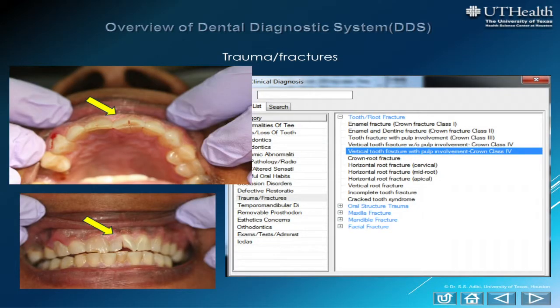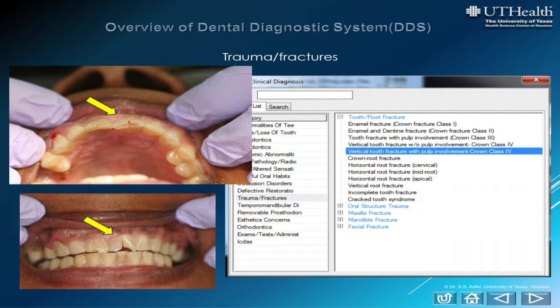The trauma and fracture category consists of tooth root fracture or structure trauma, fracture of the maxilla, fracture of the mandible, and facial fracture. This 43-year-old African-American man presented to an urgent care clinic with a chief complaint of a cracked tooth.